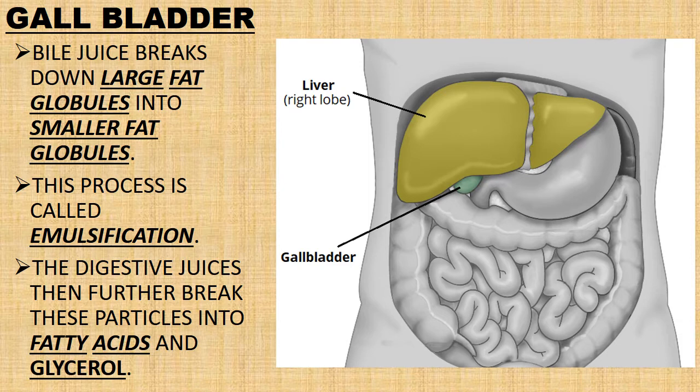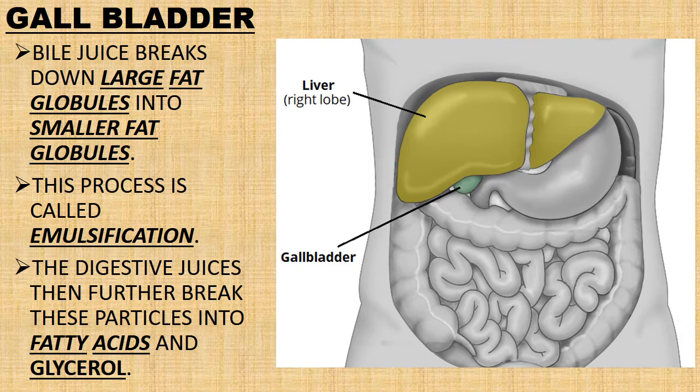This process, when large fat globules break down into smaller fat globules, is called emulsification, and further this breaks down into fatty acid and glycerol. So this is about gallbladder and function of bile juice.